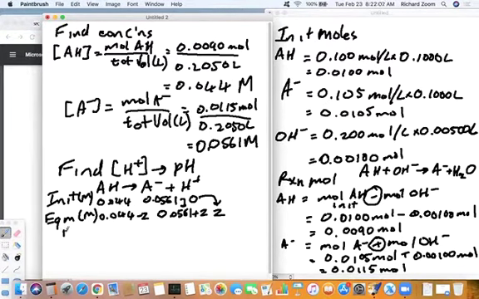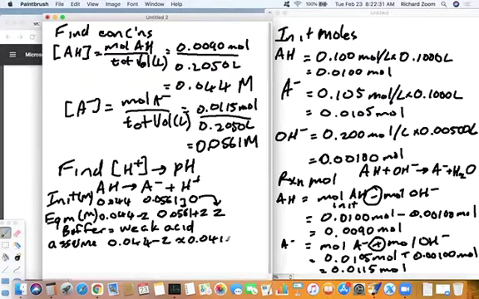Because it's a buffer, and we're told that at the very beginning of the problem, we can say it's a weak acid, because that is the definition of a buffer. Which means that we can assume, and we don't even have to validate this, that 0.044 minus E is going to approximate out to 0.044, and 0.0561 plus Z is going to approximate out to 0.0561.